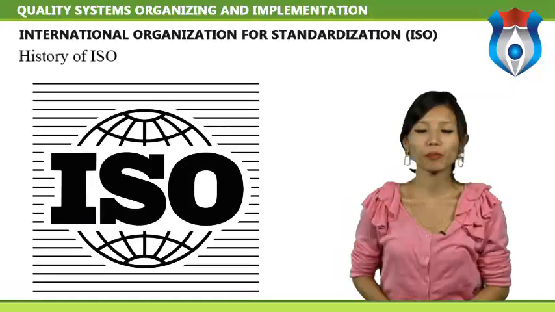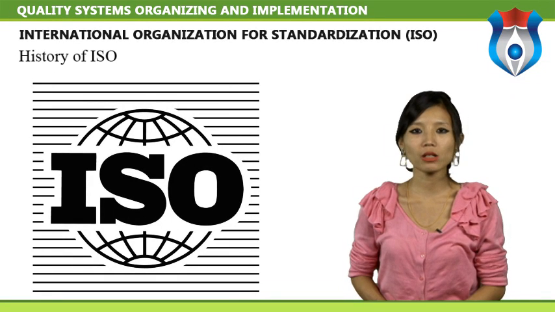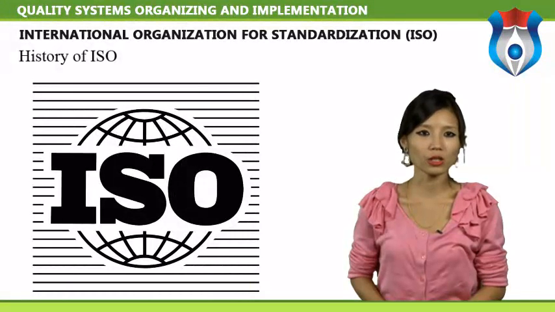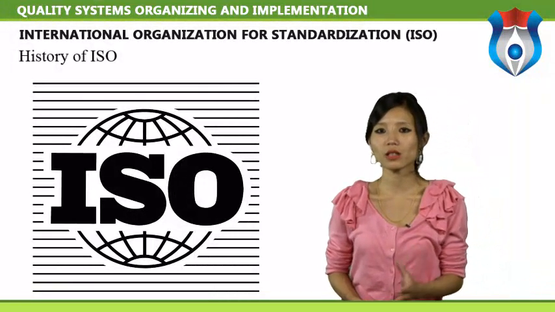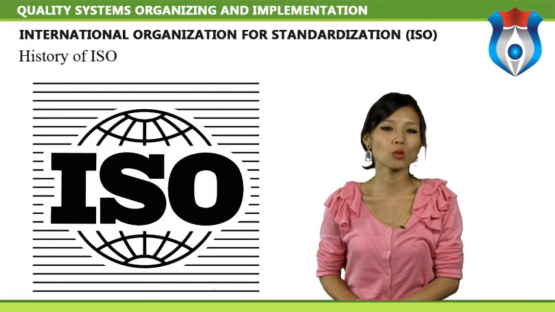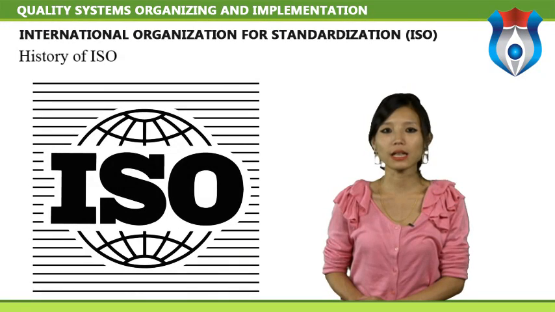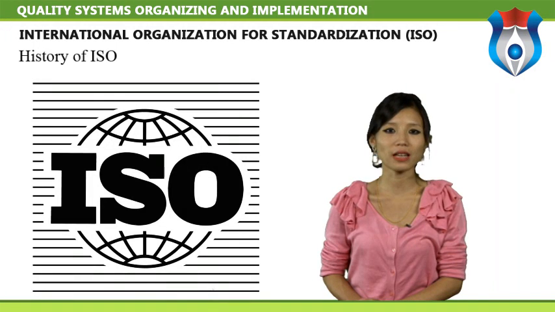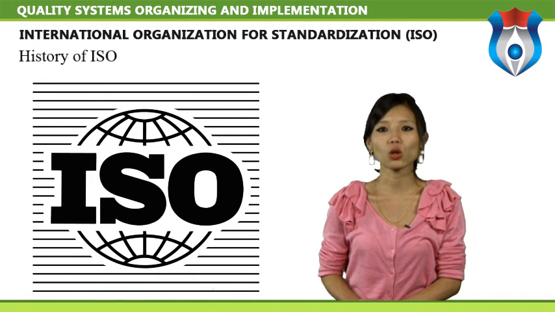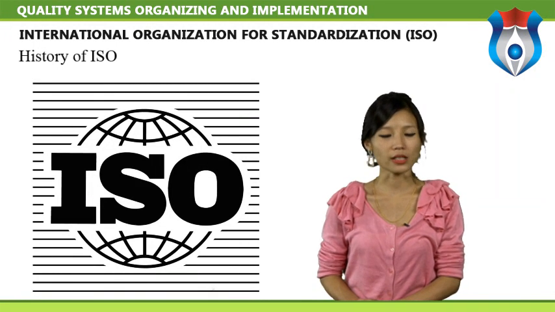History of ISO. The ISO is a non-governmental organization established in 1947. The mission of ISO is to promote the development of standardization and related activities in the world with a view to facilitating the international exchange of goods and services and to developing cooperation in the spheres of intellectual, scientific, technological and economic activity.